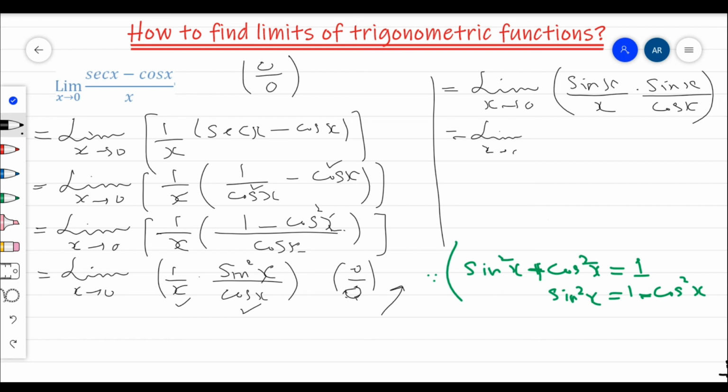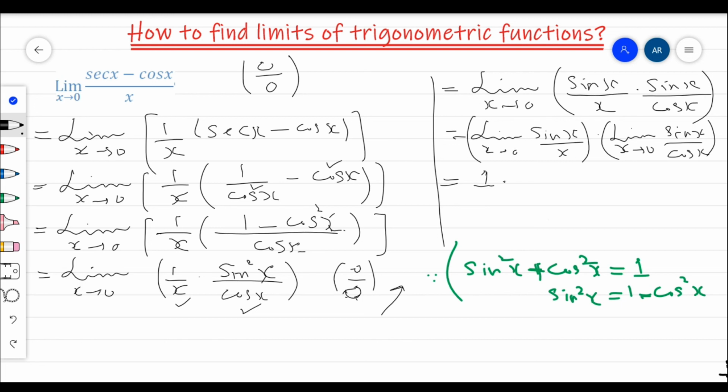Limit x approaches 0, on the first function, sine of x by x, and on the second function, limit x approaches 0, sine of x by cos of x. Now we all know really well that limit x approaches 0, sine of x by x is 1 by the limit formula.